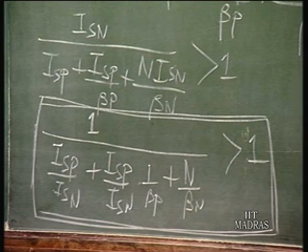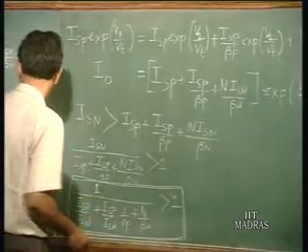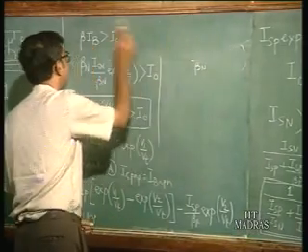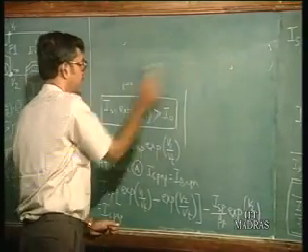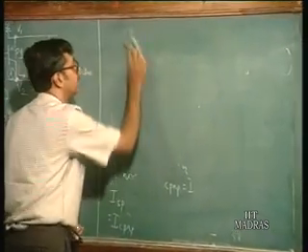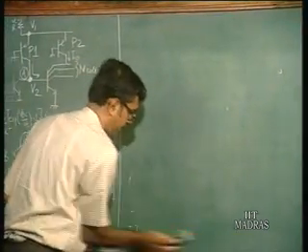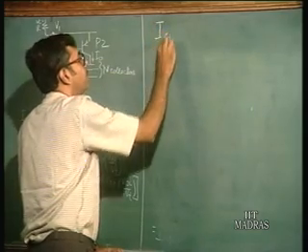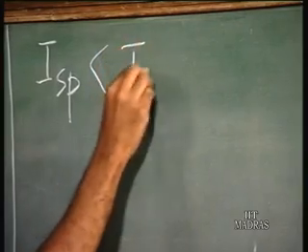So, ISP must be less than ISN. Some conditions we can write down straight away. I think I can remove all this now. ISP must be less than ISN.